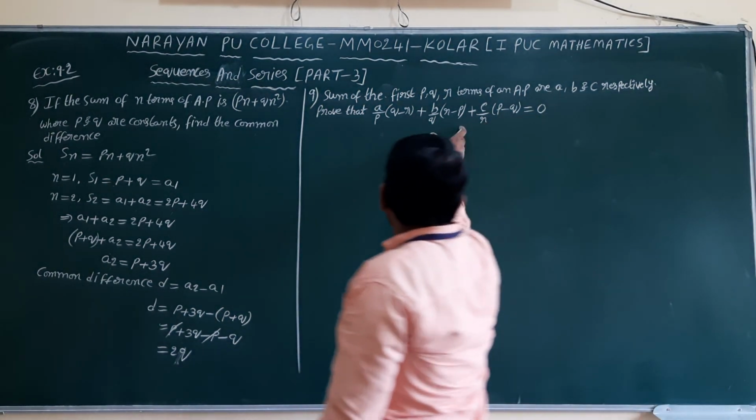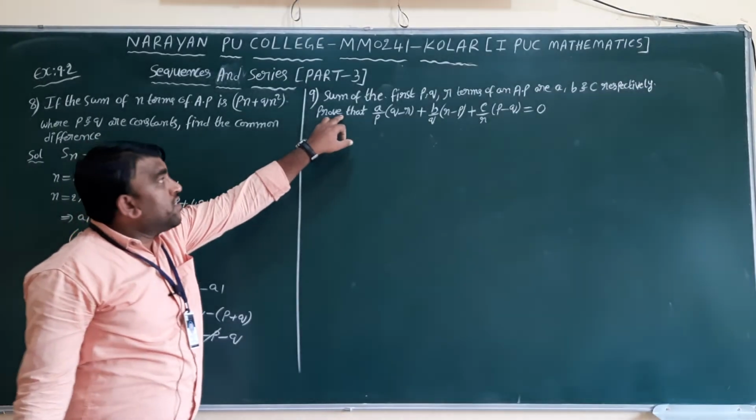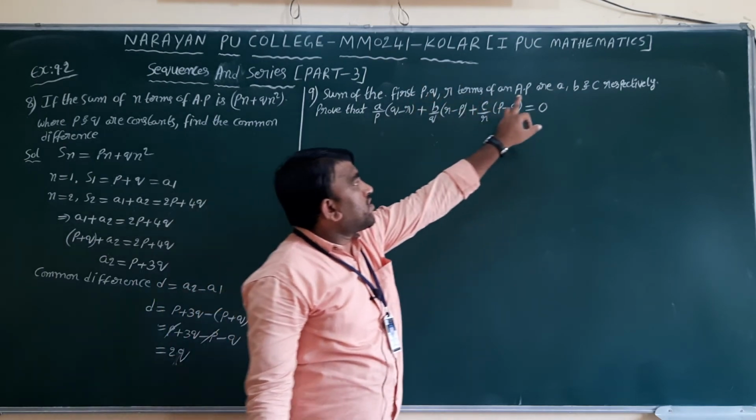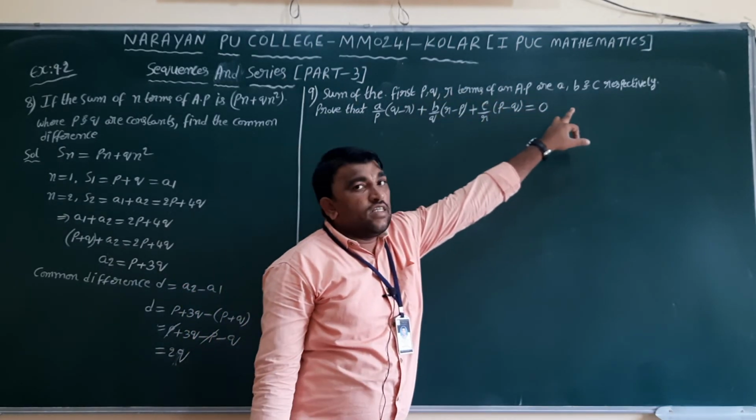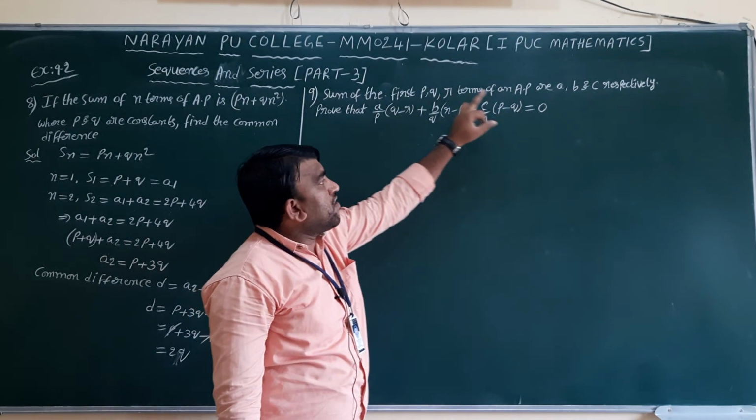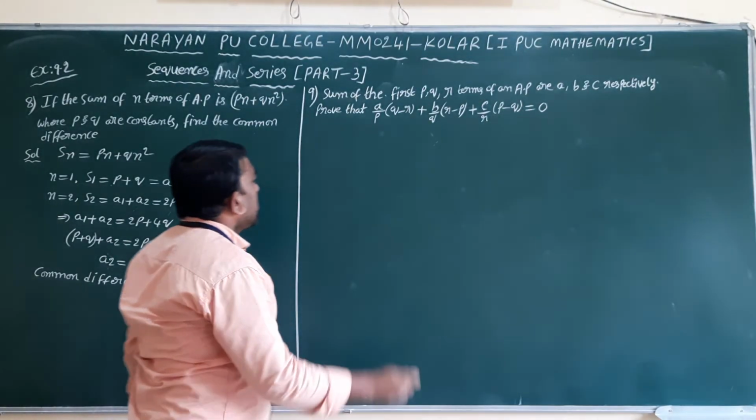So to prove this, they have given the condition: sum of P terms is A, SQ is B, SR equal to C, that is given.